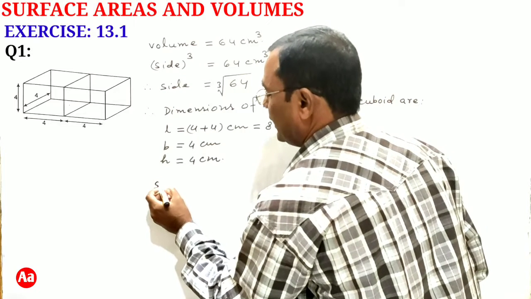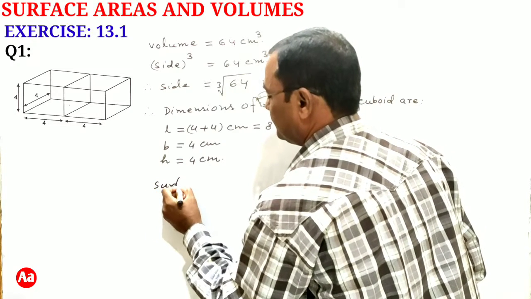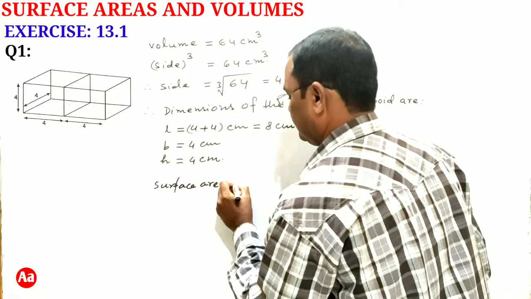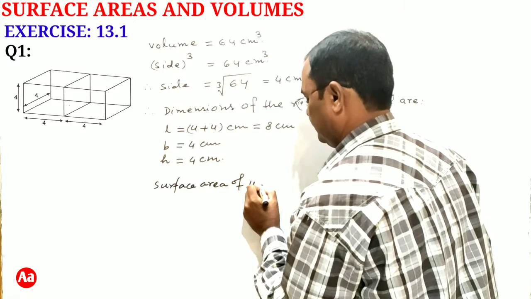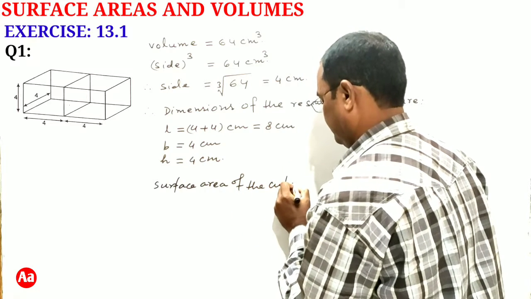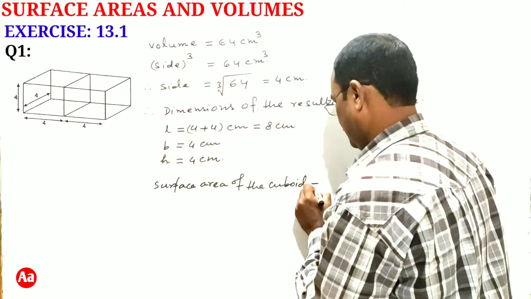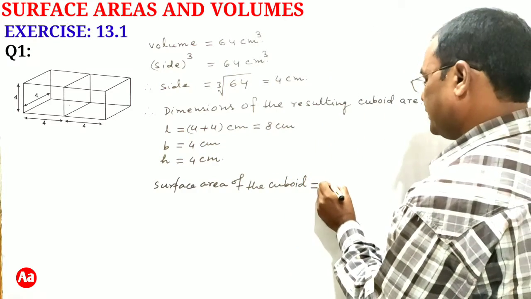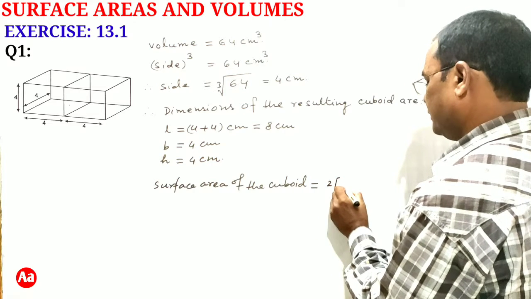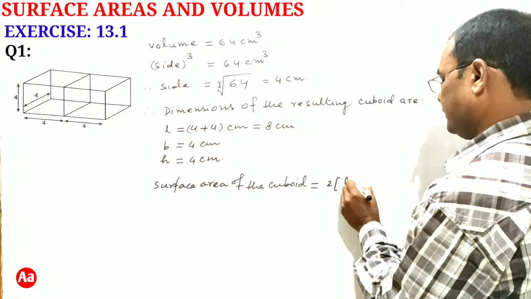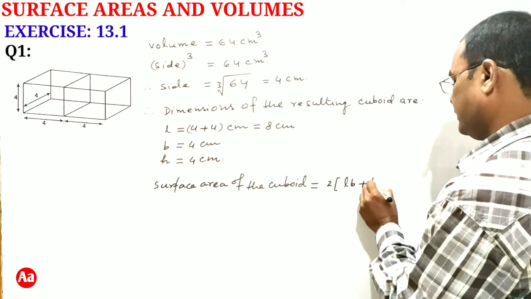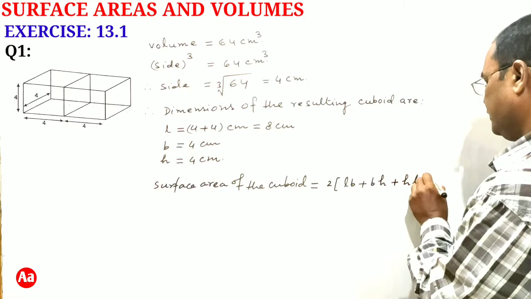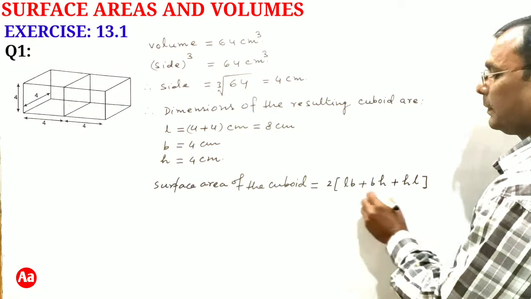So surface area of the cuboid. The formula for surface area of a cuboid is 2 into length into breadth plus breadth into height plus height into length.